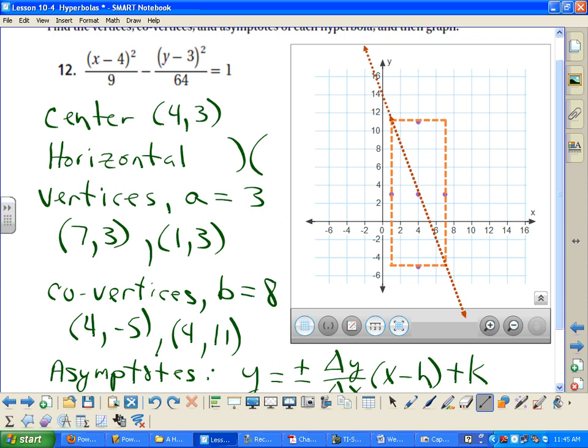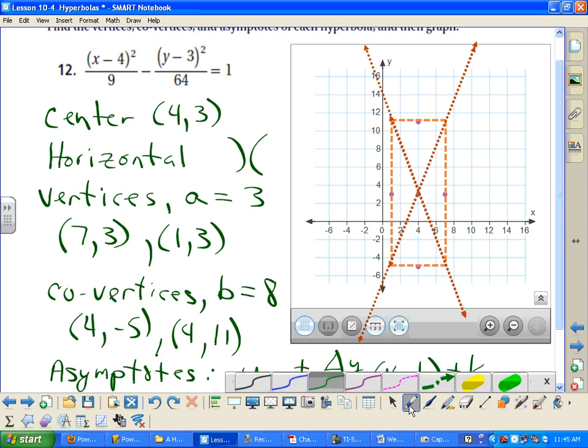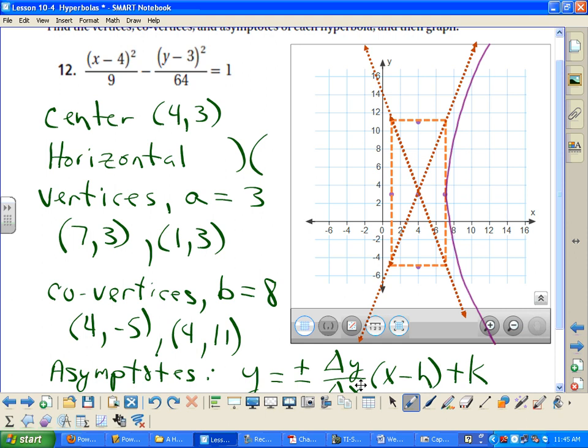And if you need a ruler for straight lines, I do have rulers too, if you want to use them. So here and here. And then you told me it opens horizontally, so that means it's got to look like this. So there it is.